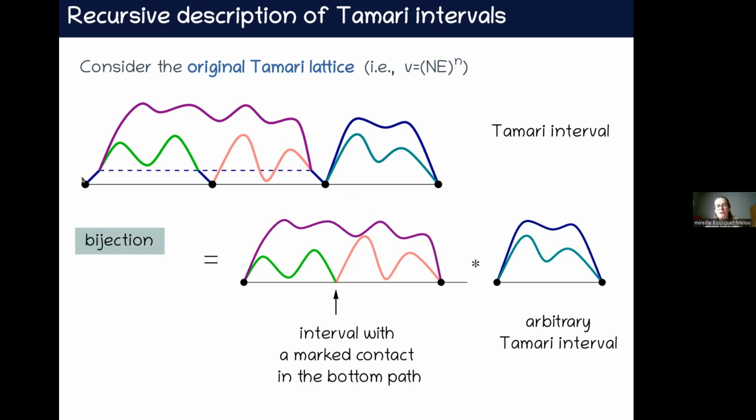Now, to the left, you also have a Tamari interval, but it has this additional property that the top path only touches the horizontal boundary at its endpoints. The bottom path may touch this boundary earlier, so this is the first return to the origin.